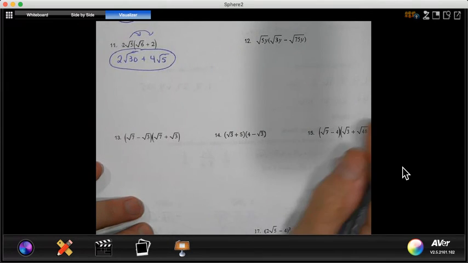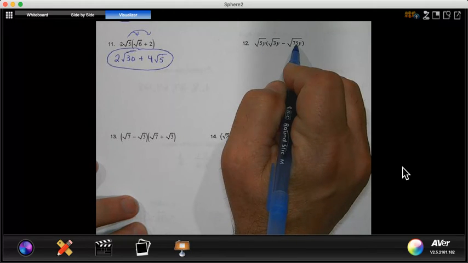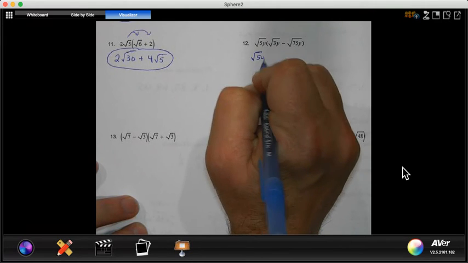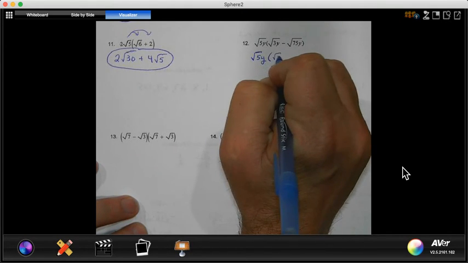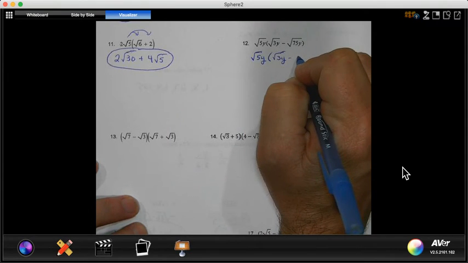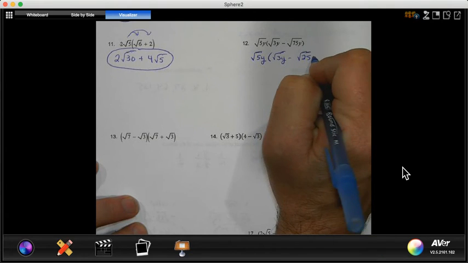Okay, so this one, we could probably simplify this first. So root 5y, parenthesis, root 3y minus, that's the square root of 25, root 3y.